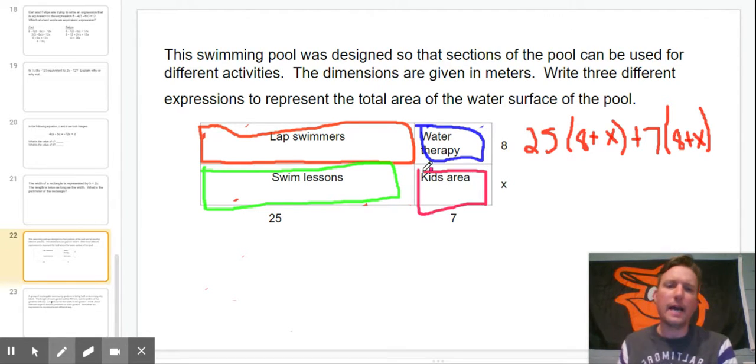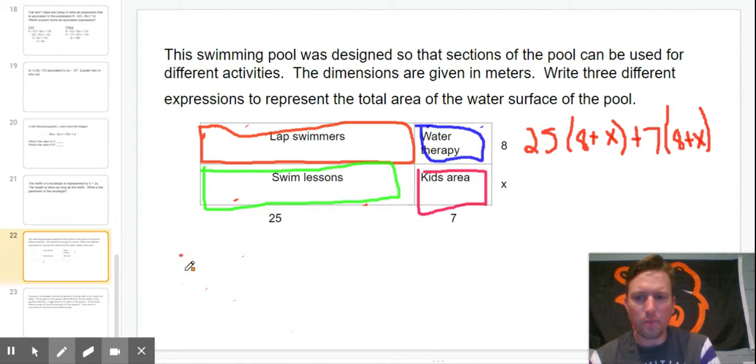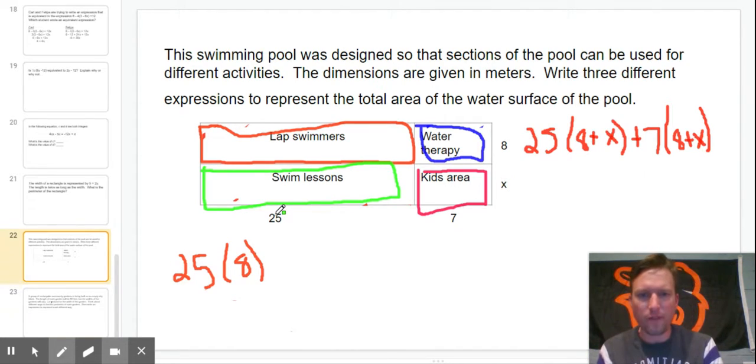And I can make an expression using all of those. The first one, the lap swimmers, would be 25, and you would multiply it by its width, which would be 8. So it'd be 25 times 8. And then I'm going to add the swim lessons, which would be 25 times x. So it would be plus 25x.